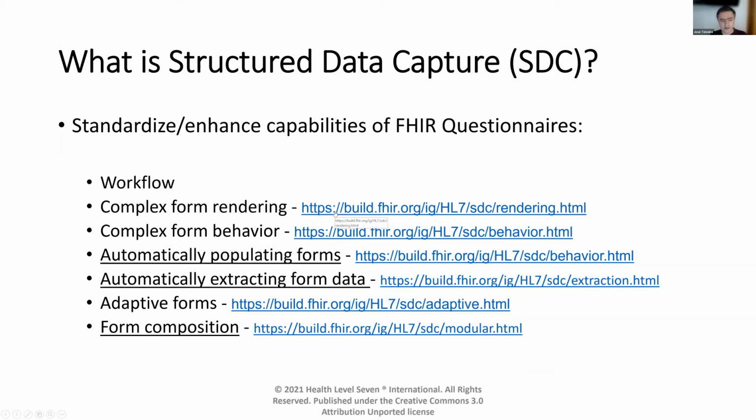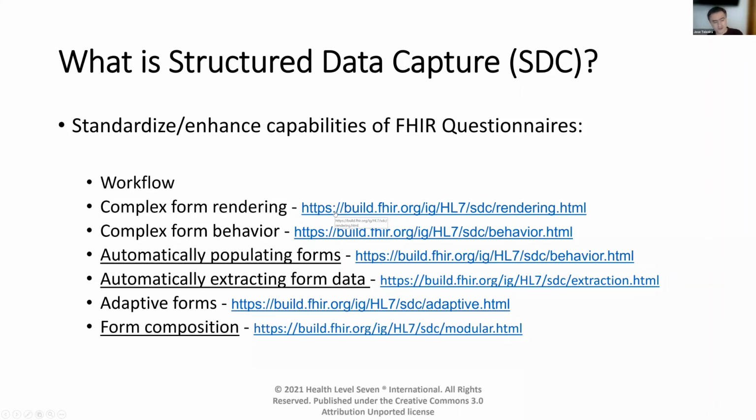So how can we standardize complex form rendering, like paging behavior, color, and how to put the checkbox? Is it a radio button or is it a drop-down? So this is more advanced form rendering. Or how do you populate forms? For example, if I enter my national number, is there a chance that the system does some lookup and puts my name and date of birth automatically in?